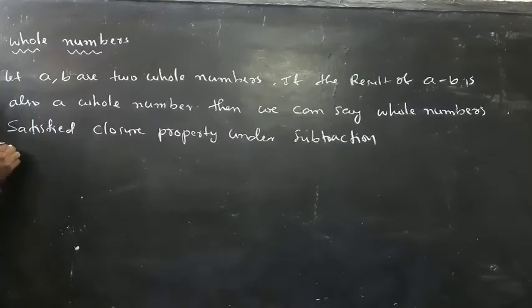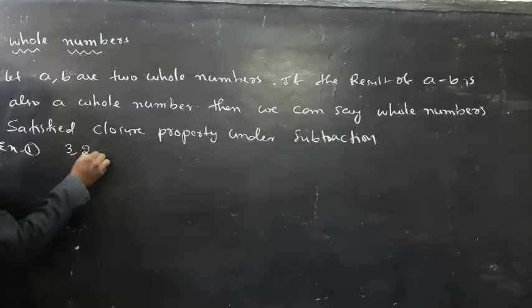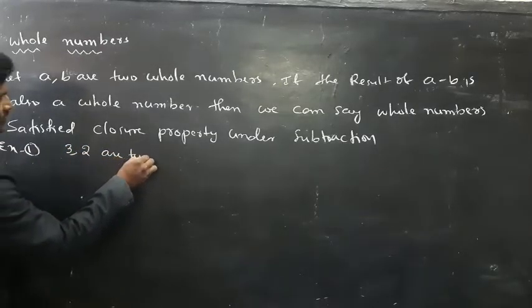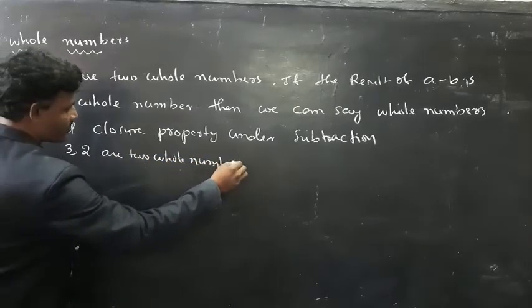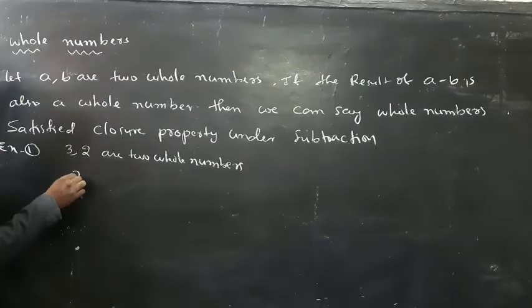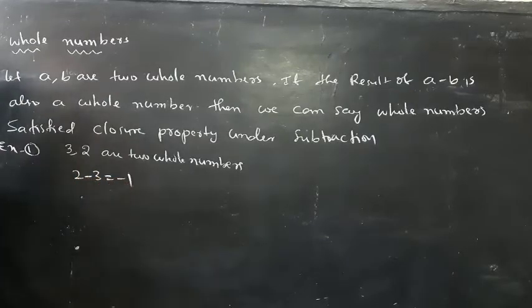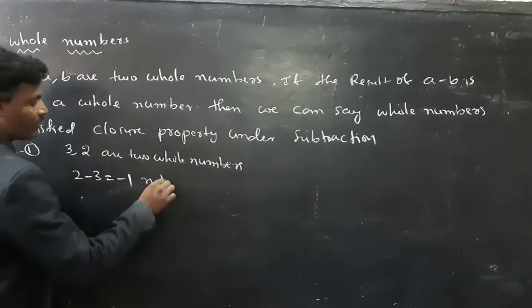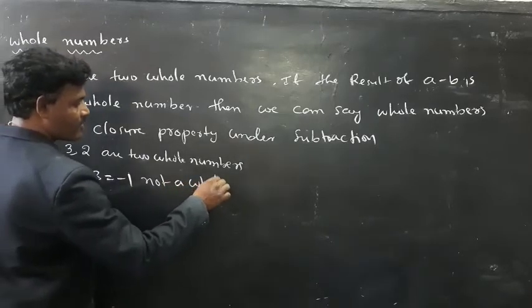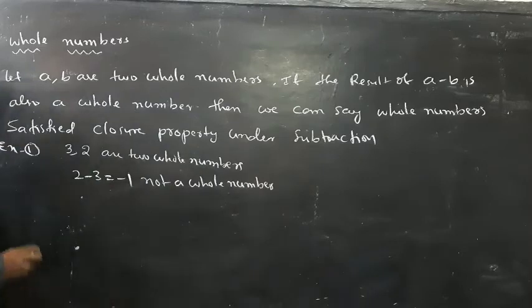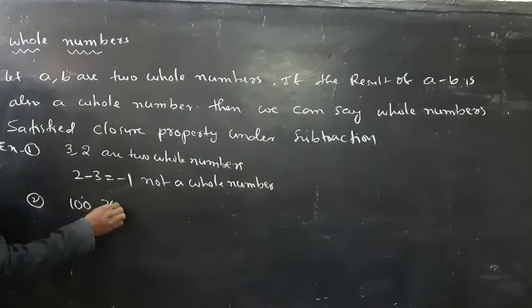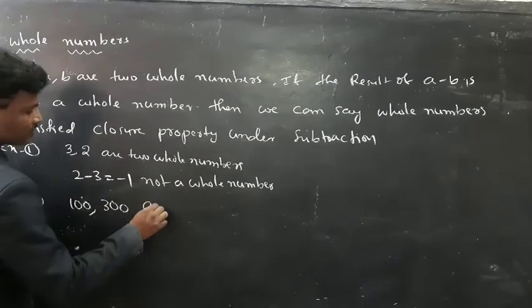Here I am going to take some examples. Example 1. Here 3 comma 2 are two whole numbers. Then the result of 2 minus 3 is equal to minus 1. Not a whole number. Next, example 2. 100 comma 300 are two whole numbers.